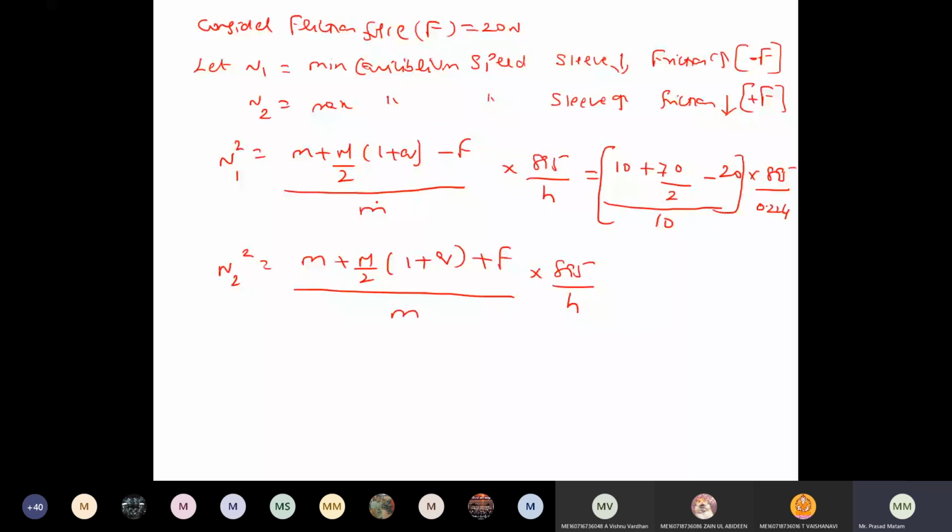So what is the answer we are getting for N1? Please, dear students, how much answer are we getting for N1? Solve and give me the value.